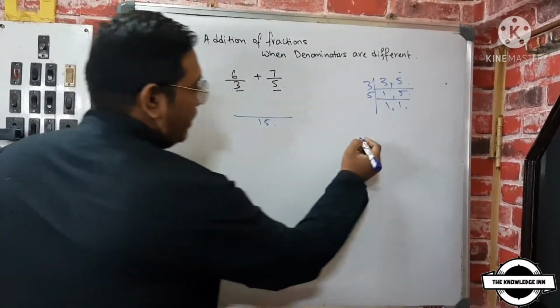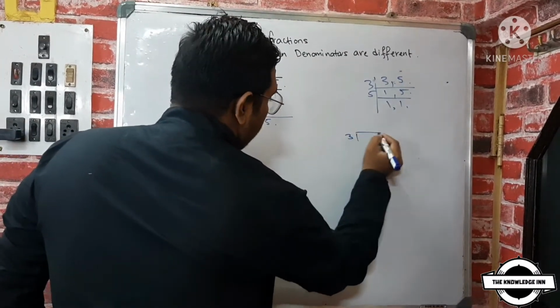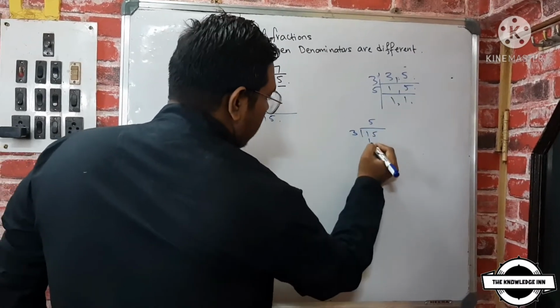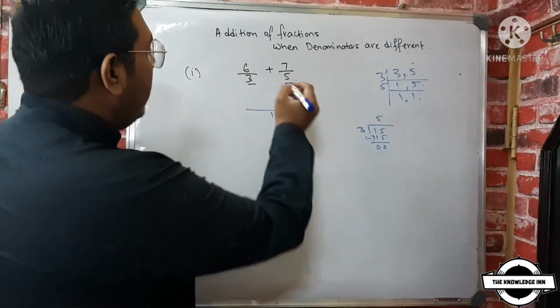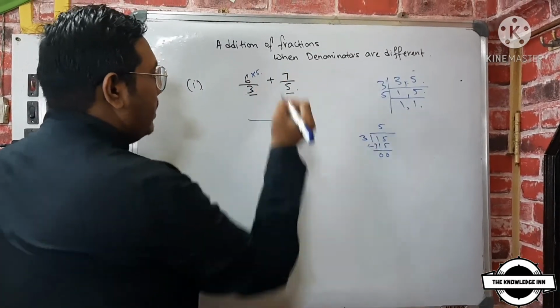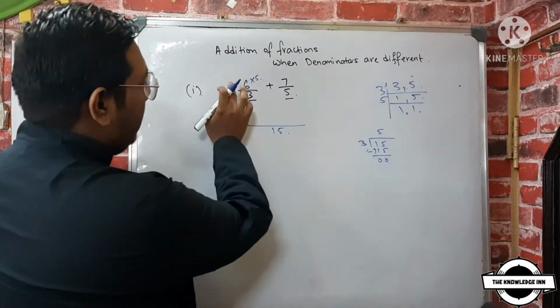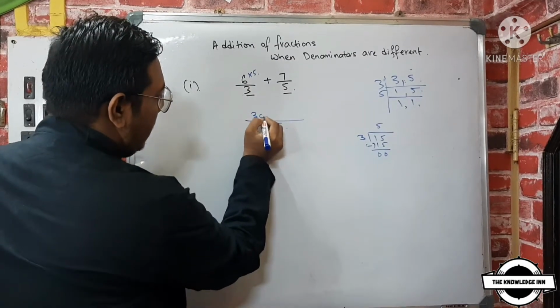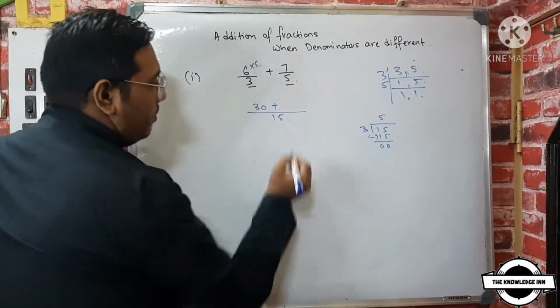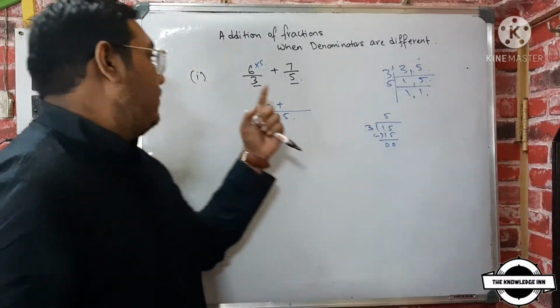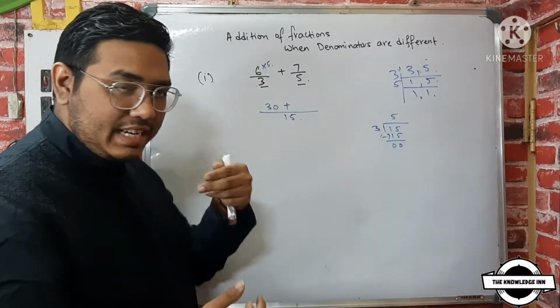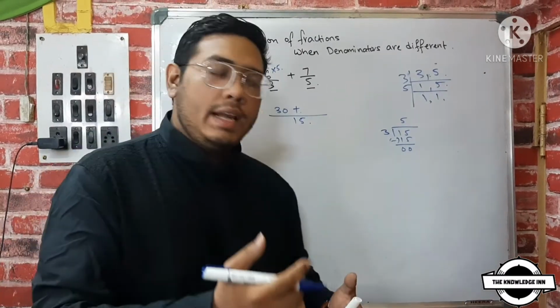So we'll divide 15 by 3. 3 fives are 15, so we'll write 5 out here and we'll then multiply. 6 fives are 30, and we bring the plus sign down. Thereafter we will be repeating the process. The previous step will be repeated once again.